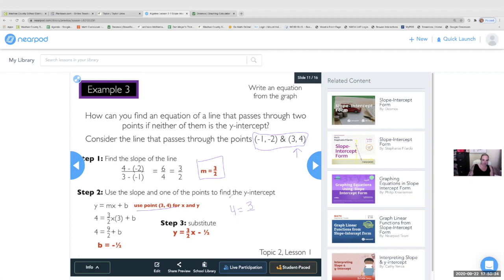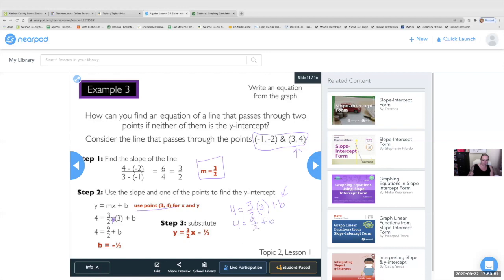Remember, it's y equals slope times x. X is 3. This was a typo. You shouldn't have the x there still. And then plus b. So we're solving for b, right? We don't know the y-intercept. So this is now 4 equals 9/2 plus b.